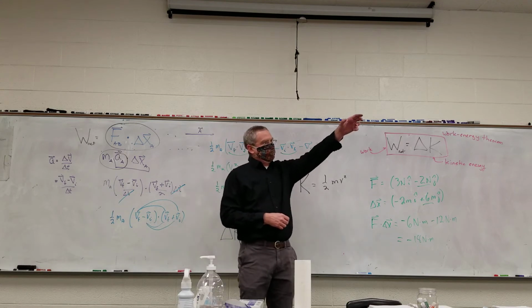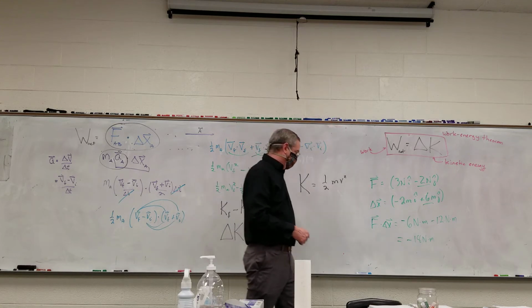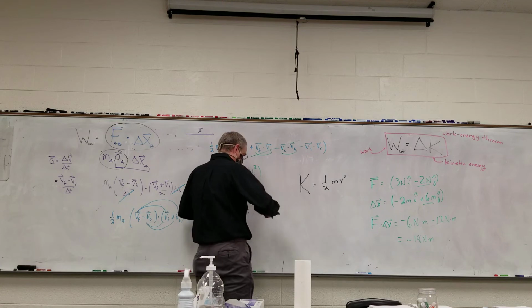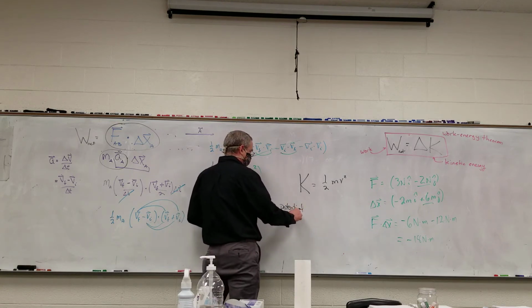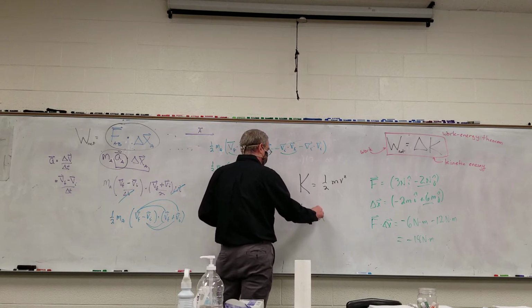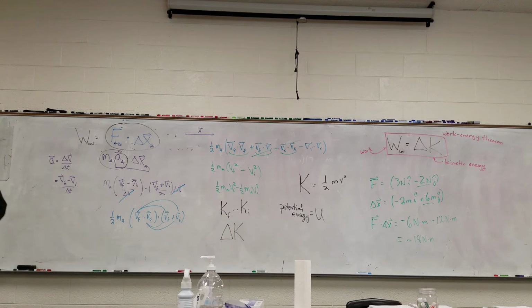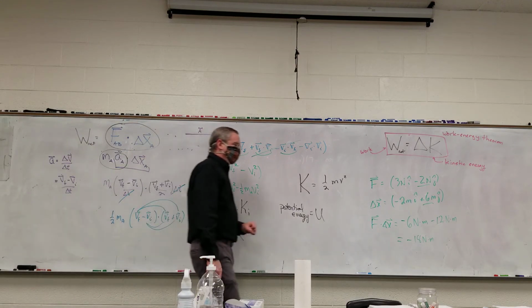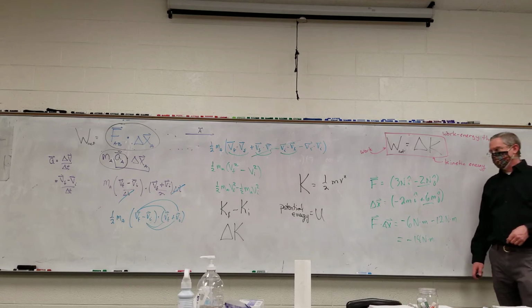As we were holding it up here, it had the potential to do something. Let's come up with something called potential energy. So thus enters potential energy into the mix. The symbol that I use for potential energy is a capital U. I think it's from the German, but I'm not 100% sure on that. I think your book uses capital P, capital E. I will use a capital U.